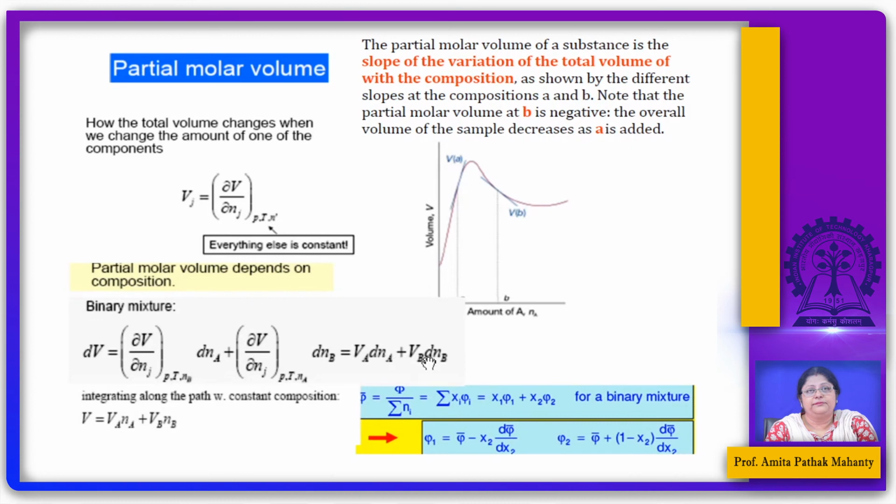This is the expression we have. Integrating at constant temperature and pressure, the total volume will be nothing but the molar volume of A times the number of moles of A, plus the molar volume of B times the number of moles of B.